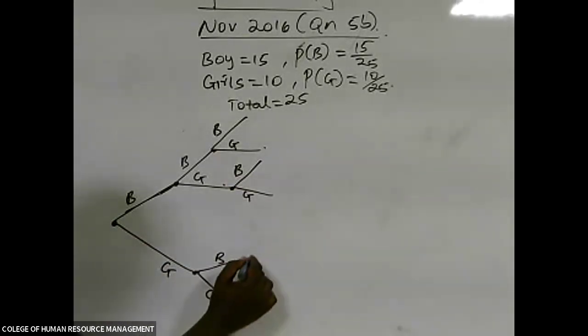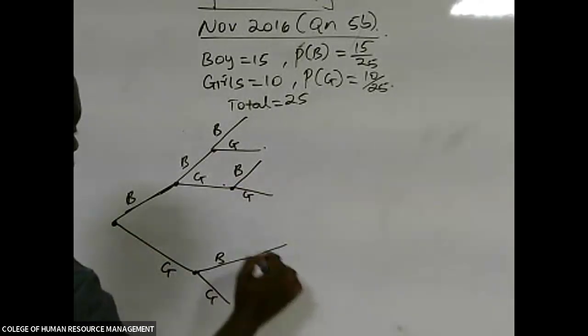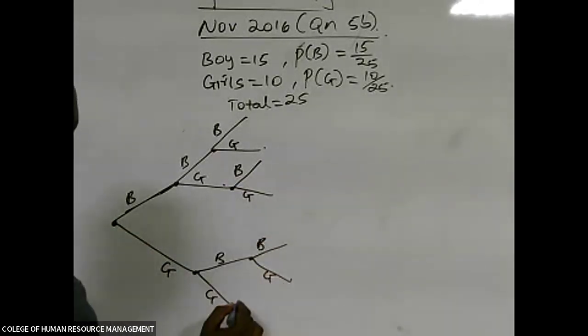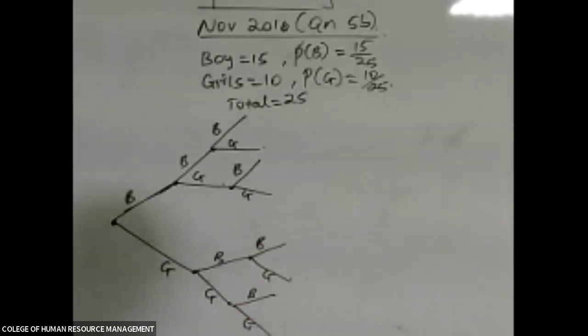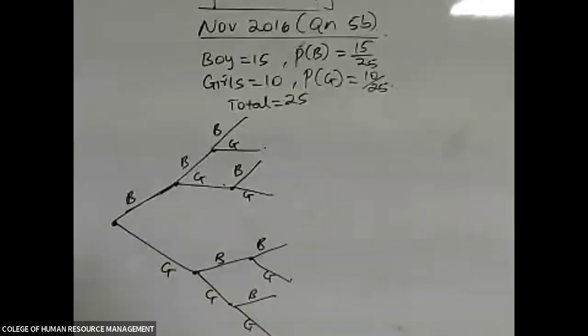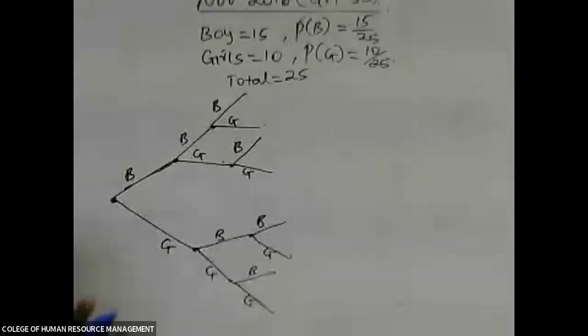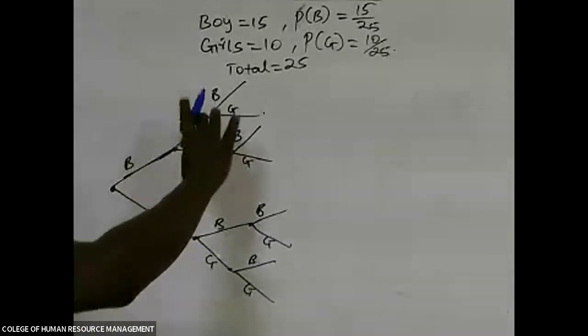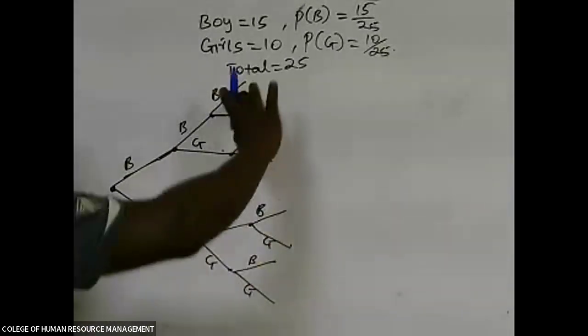Boy, girl. Then you finish, boy, girl. You need to have 3 arms. You need to spread them. So this is the first picking, the second picking, the third picking.